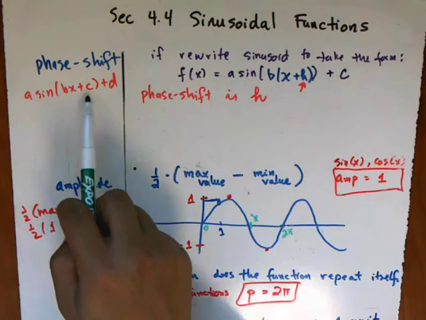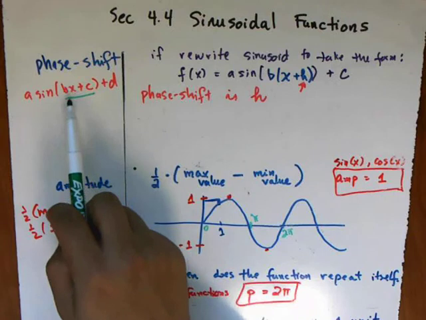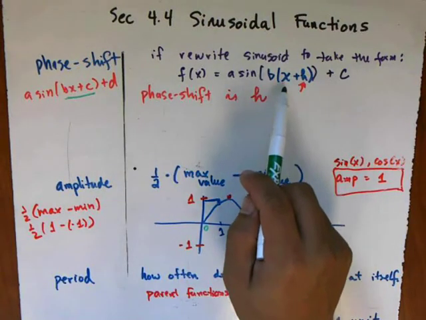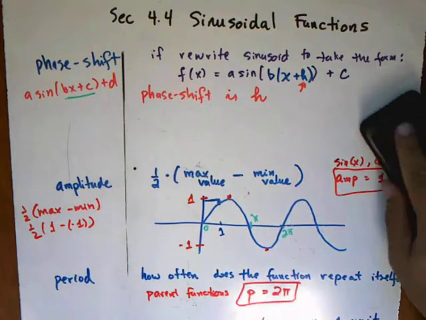Once we're talking about this part right here, where it's bx plus c, that's no longer the parent function. The phase shift is the horizontal shift of the original parent function. Okay, and if that's a kind of a weird and abstract concept for you to see right now, that's okay. I want to get the definition out there. Make sure you have it written down correctly, and I'm going to come back to it later when we're talking about transformations.